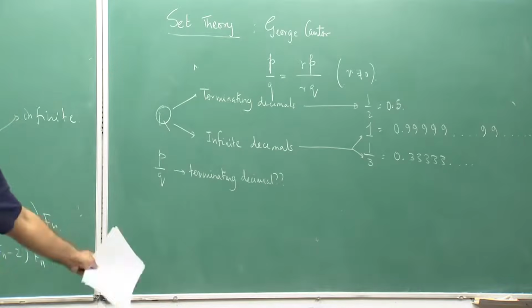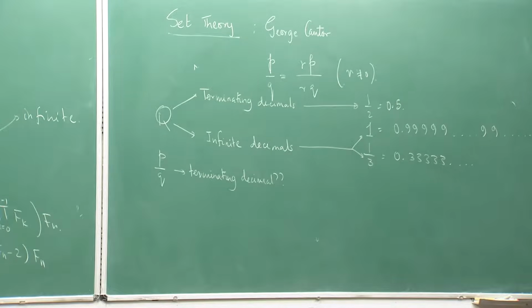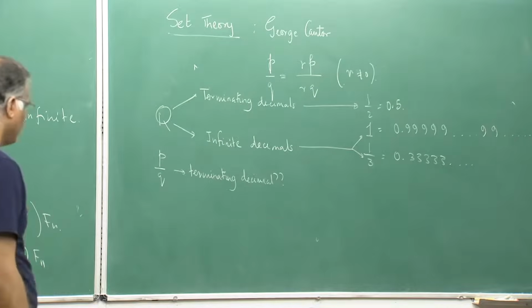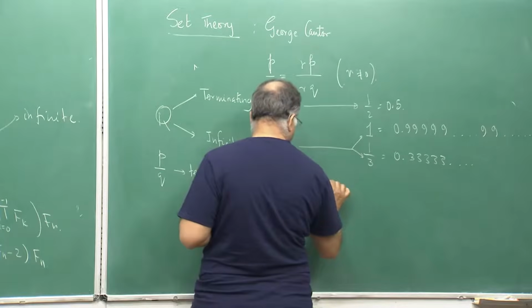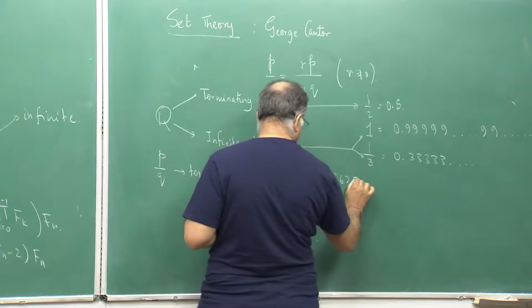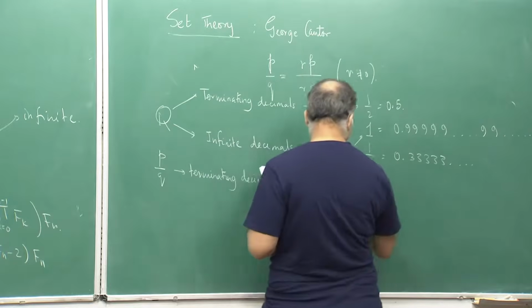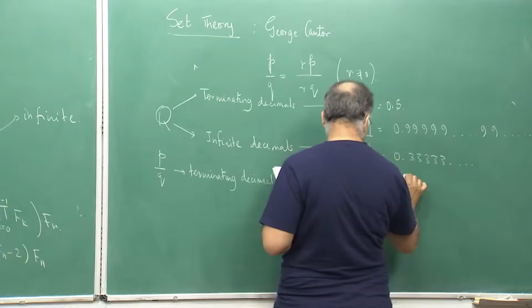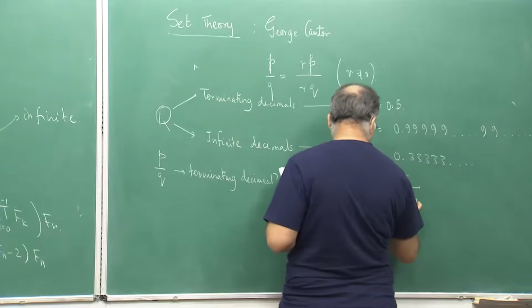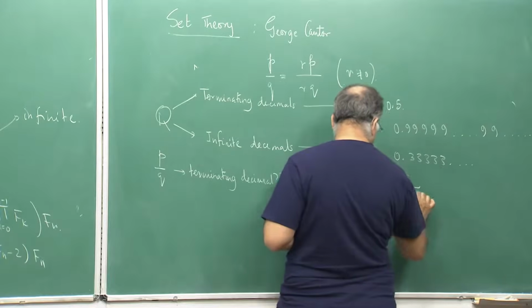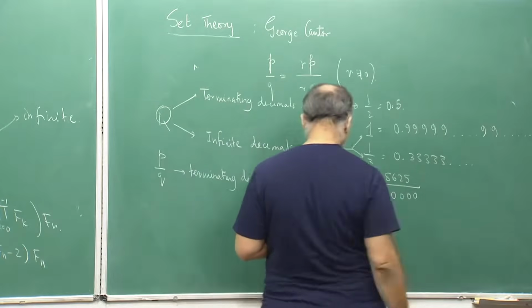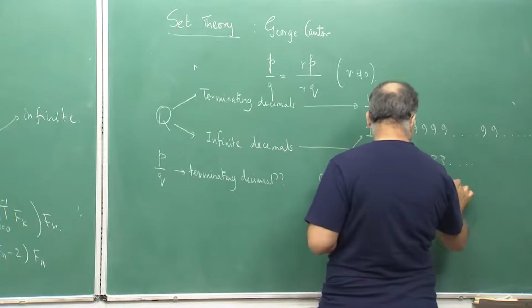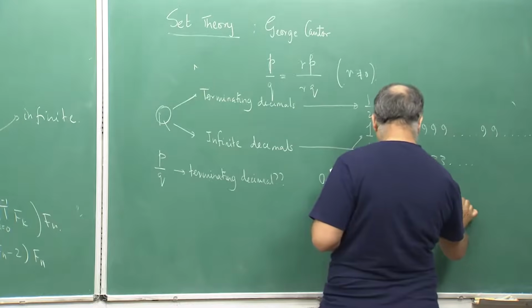So, consider this example. This is nothing but 8625, as you have learnt in school, divided by 10,000. There are 4 digits, so after 1 you put 4 zeros, and this is same as 69 by 80.